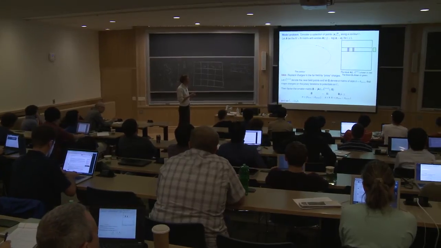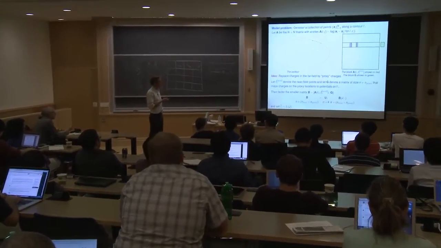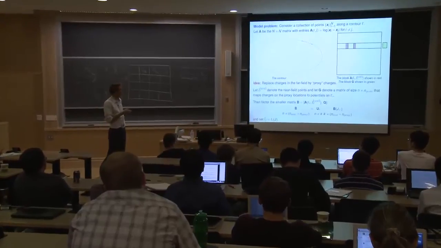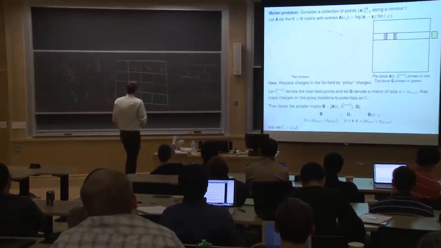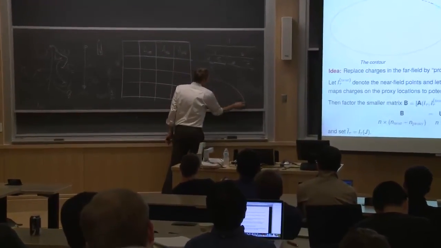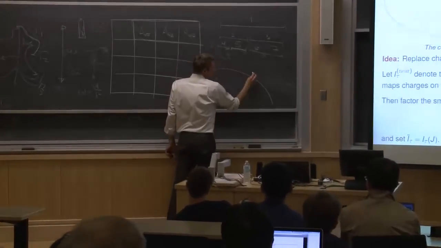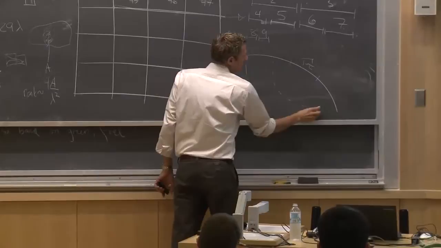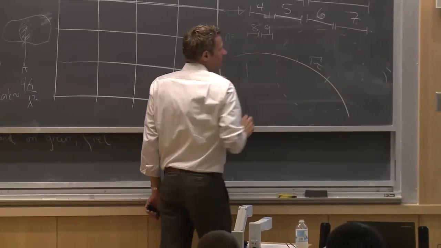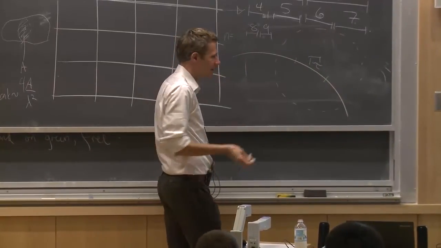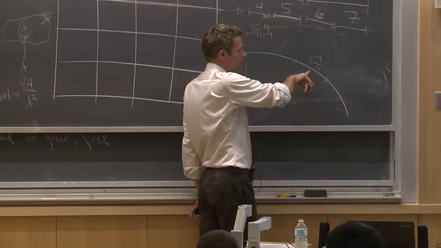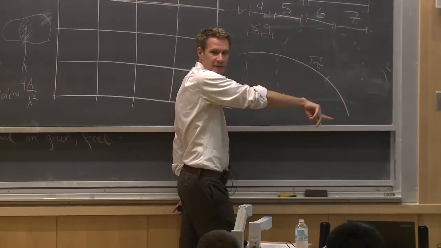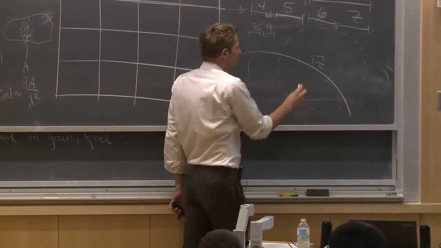Instead of using these proxy sources, what I could do, so we have this contour, so I'm compressing this little subpiece gamma. Now I put proxy sources here. Alternatively, I could use that any potential caused by sources outside this circle is harmonic.